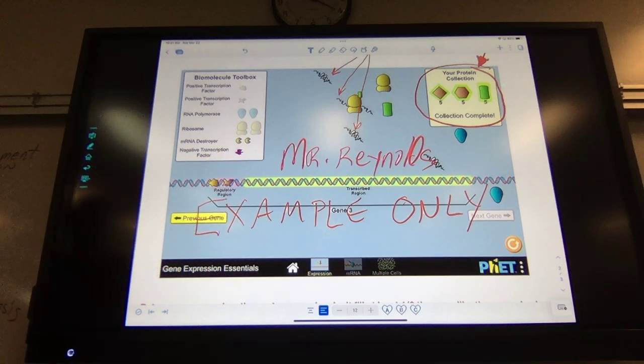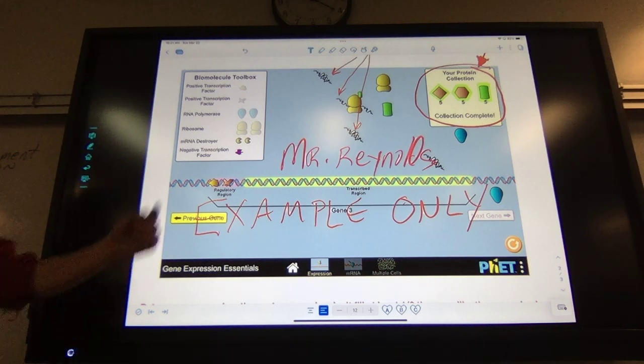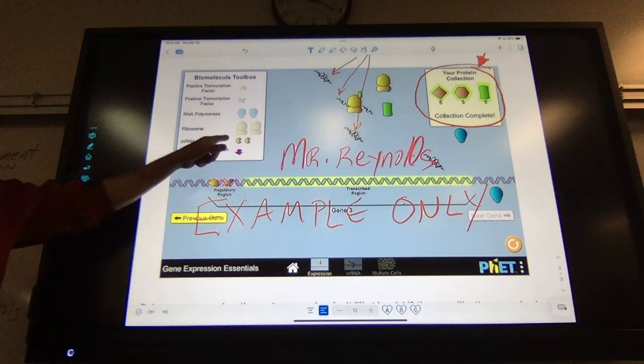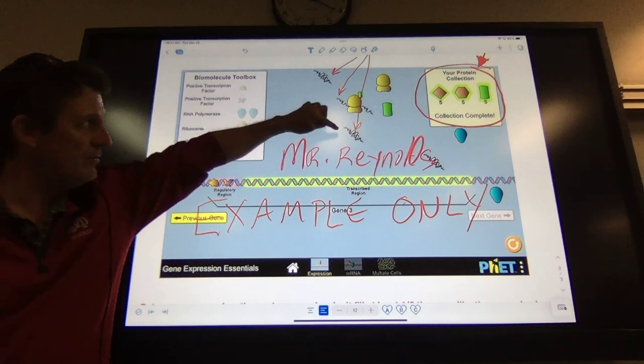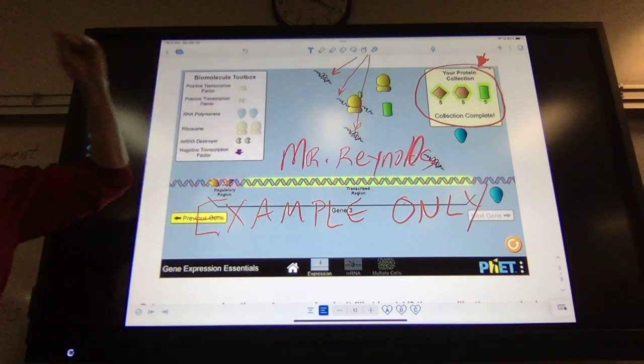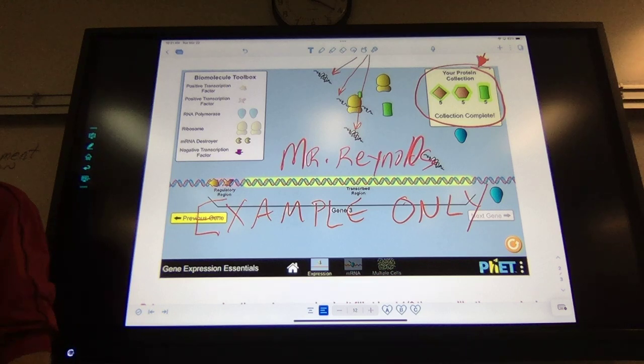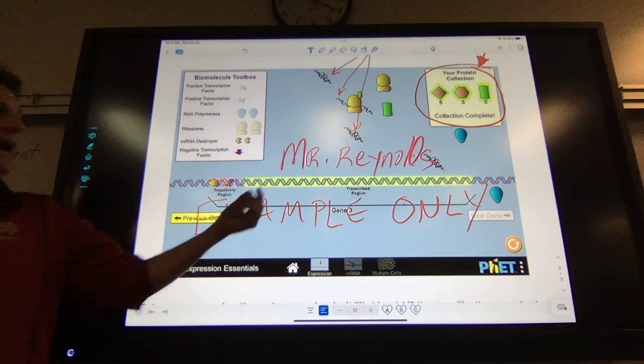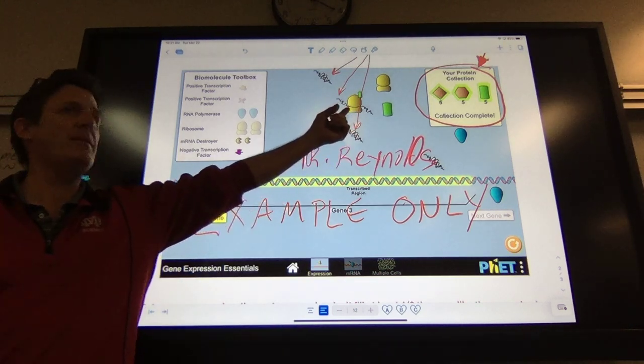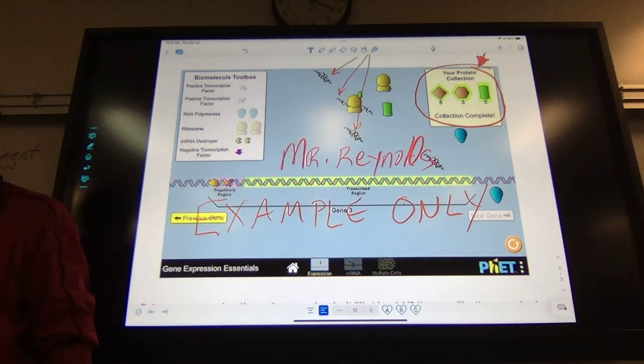Do you remember that microRNA that will destroy messenger RNA? That's Pac-Man right here. If you take Pac-Man out and move it over to messenger RNA, it chomps it up and destroys it. So once you have messenger RNA and ribosomes on the scene, you know that translation can occur.